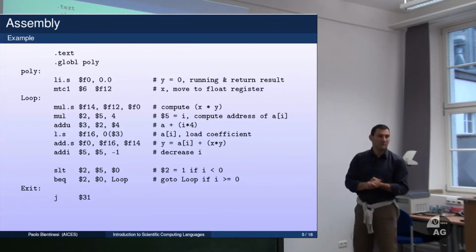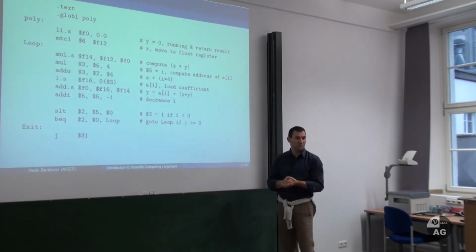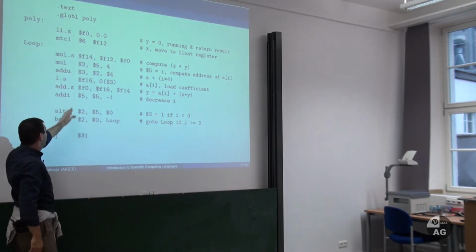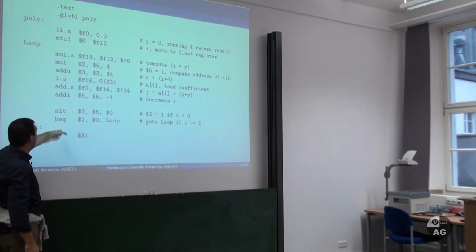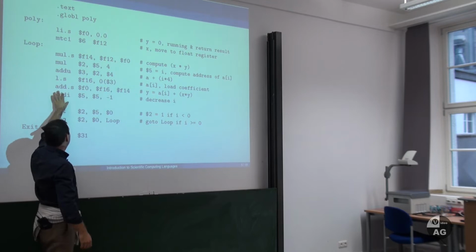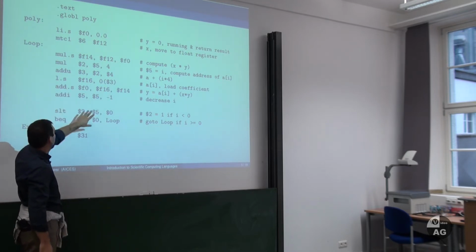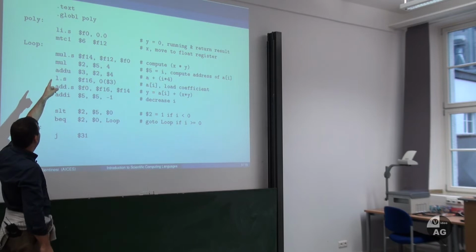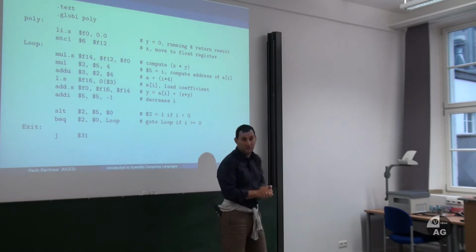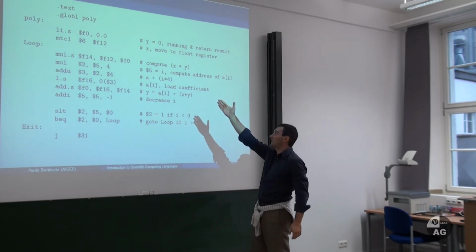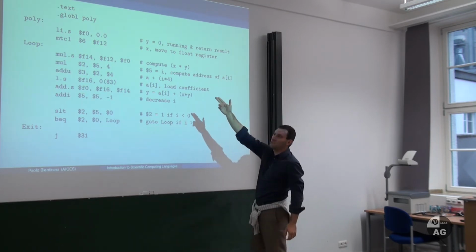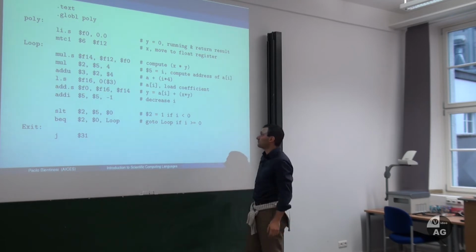Let me tell you a little bit of assembly, since we're not going to spend more than 5 minutes on this. These are, as I said, mnemonic labels that help us identify what we want the program to do. These are the arguments of the functions of these labels. So for instance, the first one, li.s, li means load, s means floating point number. That means take this number 0 and please store it into whatever that is, that's a register.